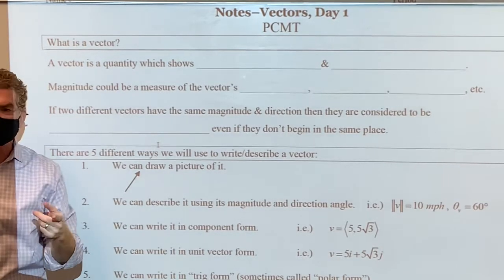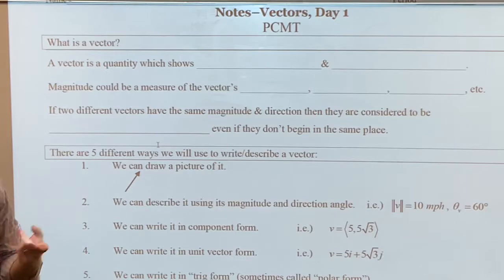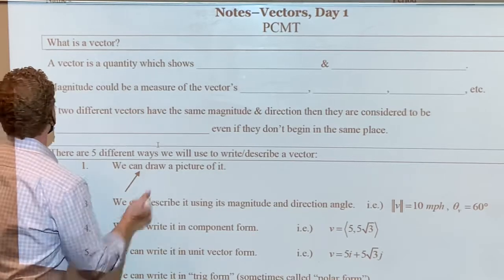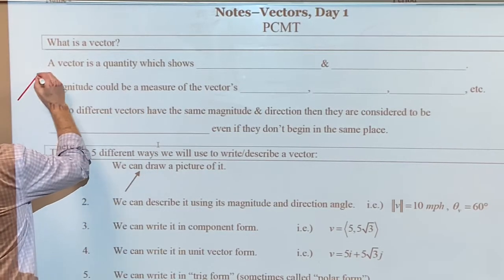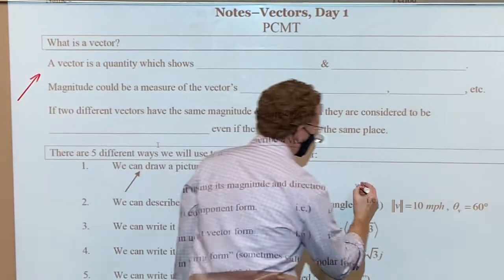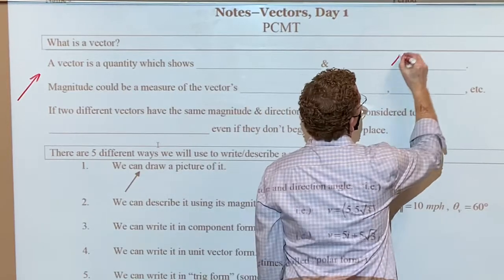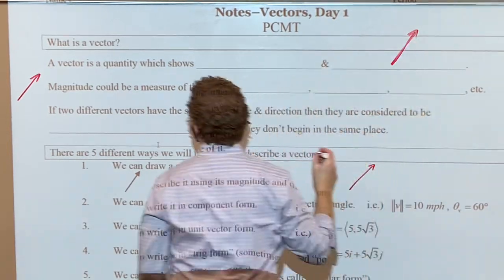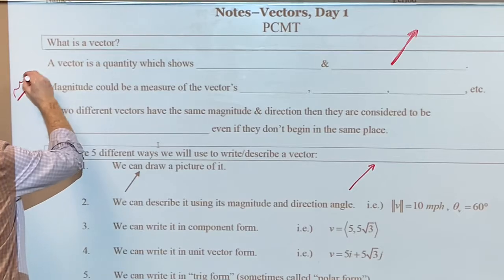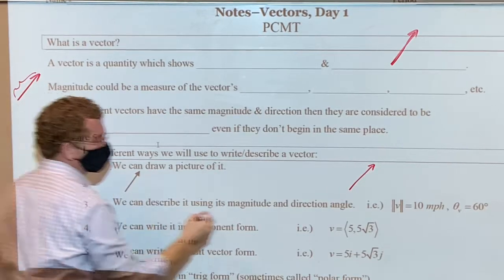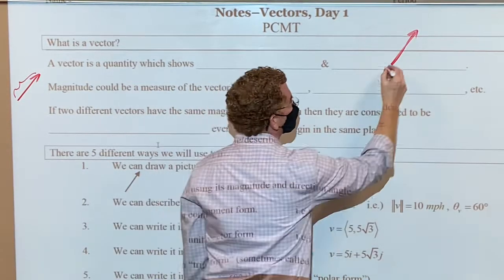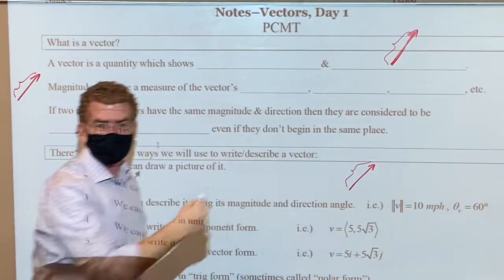So vectors, notice that the condition of a vector is not location, magnitude, and direction. It's just magnitude and direction. So whether I draw a vector like this here, or whether I draw one like this over here, or over here, okay? If I measure the length of it, that would be the magnitude. If the length is always the same, well, they have the same magnitude.